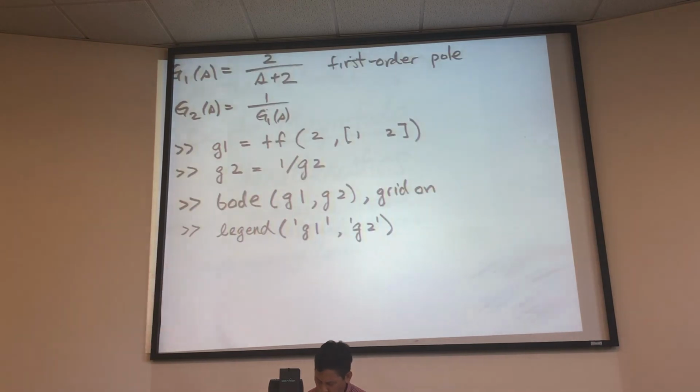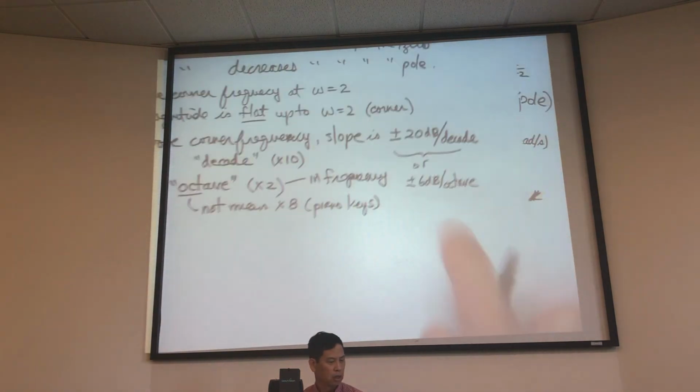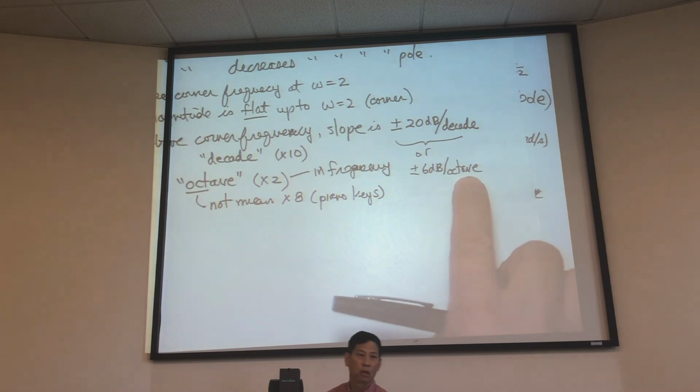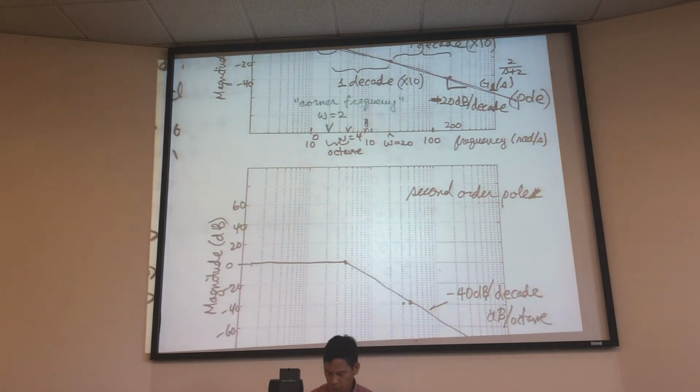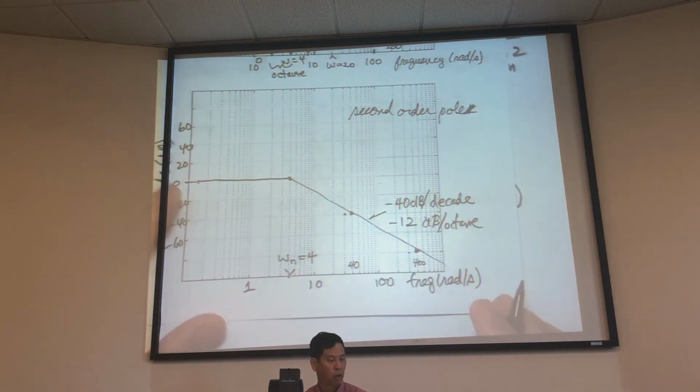Let's look back at our first order case. In our first order case, the note said the slope was 20 dB per decade or 6 dB per octave for a first order case. For a second order case, this would be minus 12 dB for 1 octave.